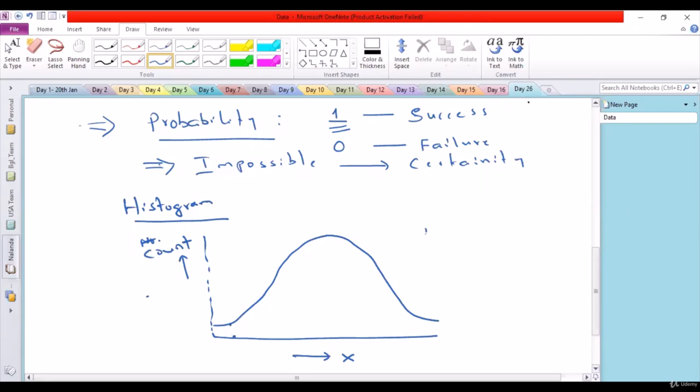On the other side of the scale, I may be plotting the probability. The scale may be different here and here, but the shape of the curve is going to be the same. This is called the bell curve.